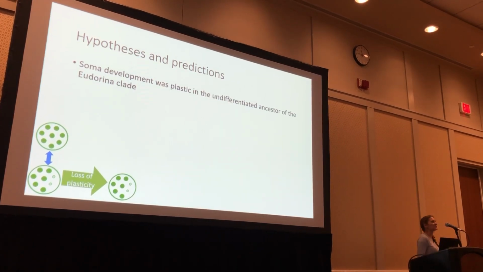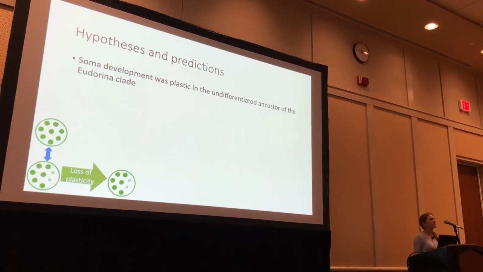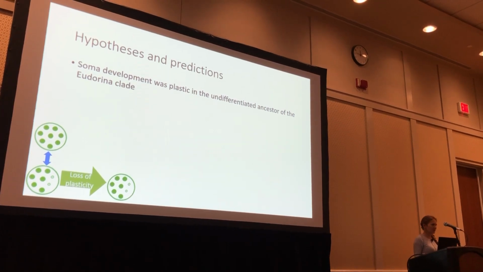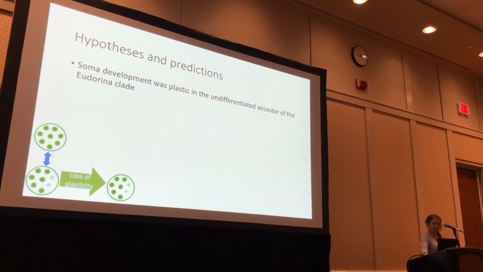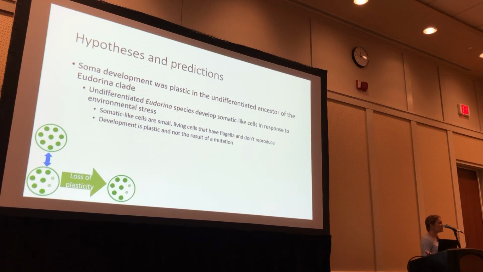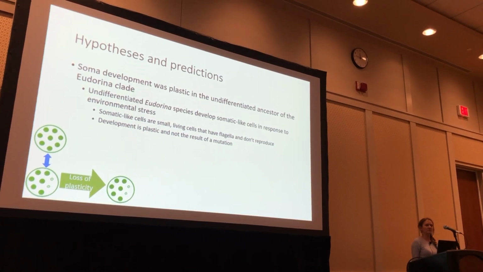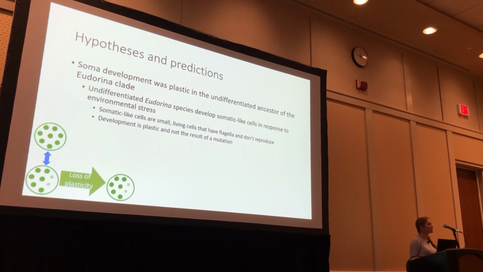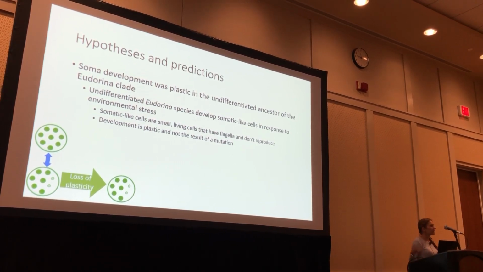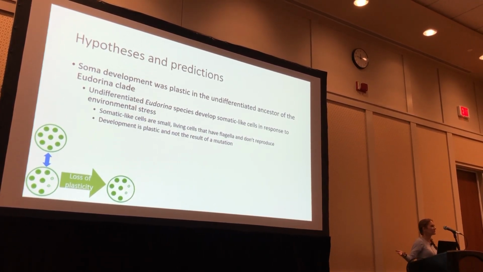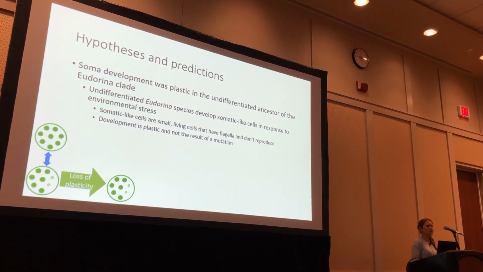So I'm hypothesizing that somatic cell development was plastic in the undifferentiated ancestor of the Eudorina clade. If this was the case, I would expect that undifferentiated Eudorina species would develop cells that resemble somatic cells in response to environmental stress. So these cells should be small, they should have flagella, they should not reproduce, and they should be living cells.